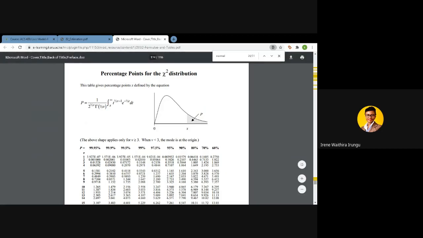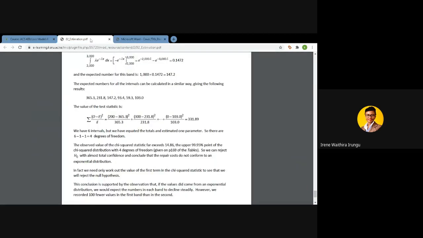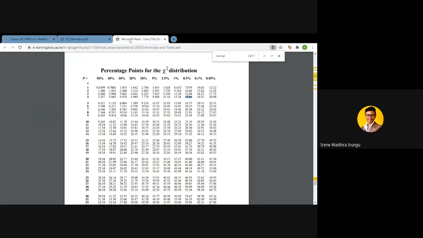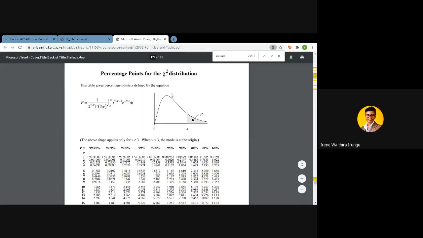So we should go to where we have 0.5%, which is what we have here. Is that correct? Yeah, 0.5% plus 99.5%. So this is now the area which is unshaded, which is what we are examining.